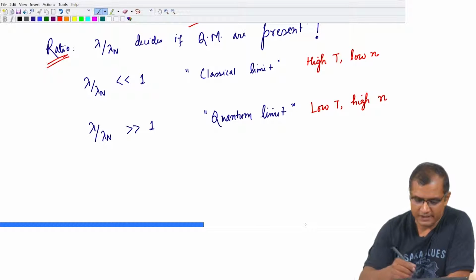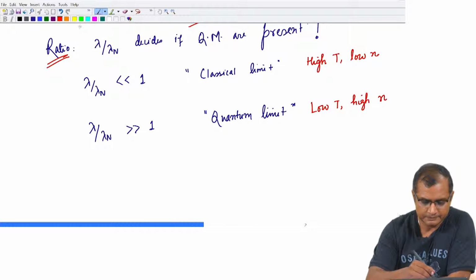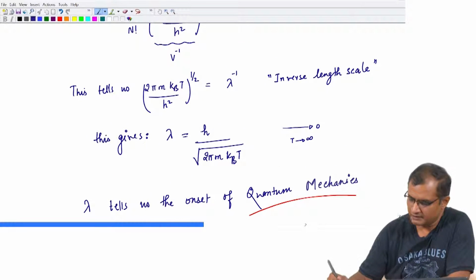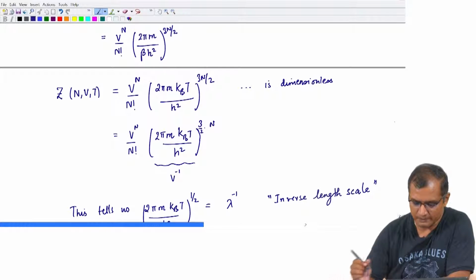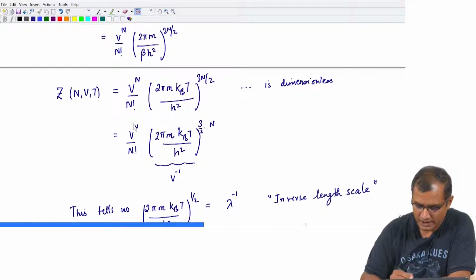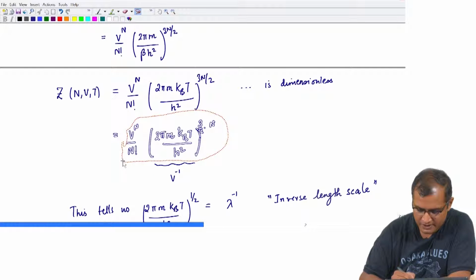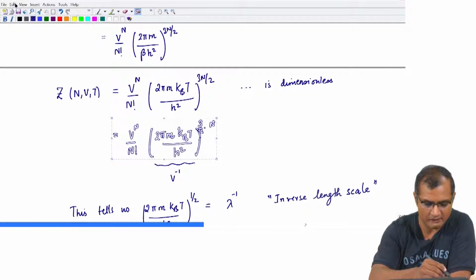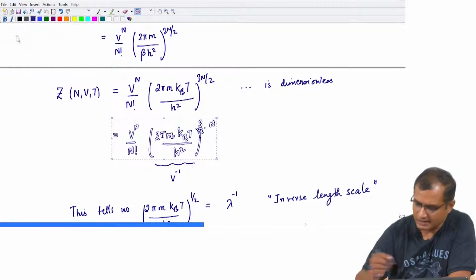Now, let us get back to our calculation. We have reached a stage where the partition function is ready for use, and as I have always been telling, the partition function exists for a certain purpose: it helps us to establish a connection with thermodynamics. So, let us make that connection.